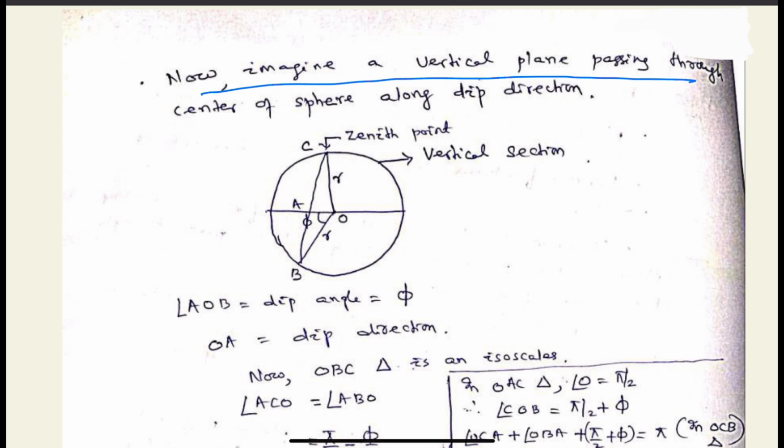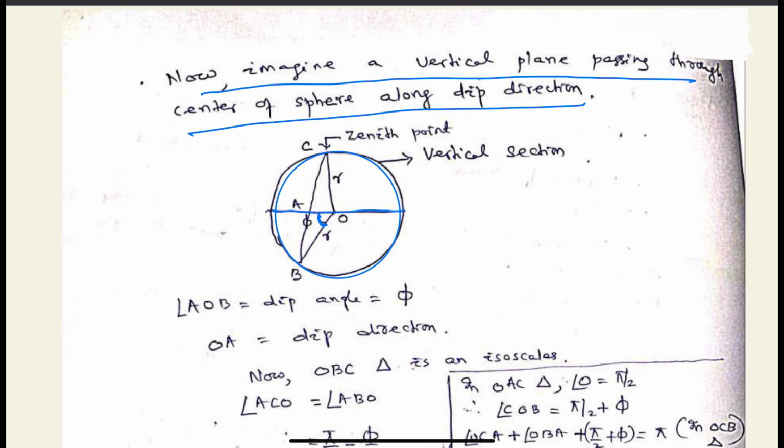Now let us imagine the vertical plane passing through the center of the sphere along the dip direction. So this is the vertical plane that is passing through the center of the sphere and is containing the dip direction.